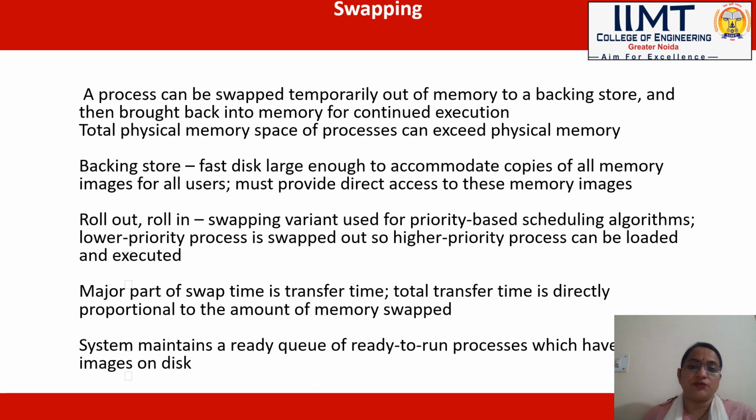There are two types of swapping: roll out and roll in. In roll out, the process is rolled out from main memory to secondary memory. If we want to execute any program, the process is brought from secondary memory and loaded into main memory.